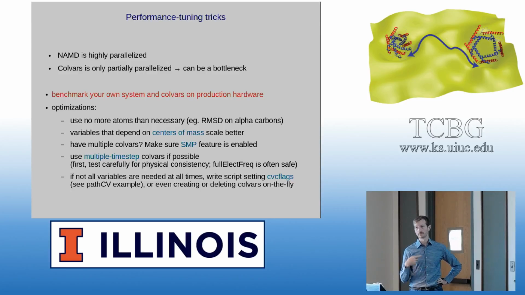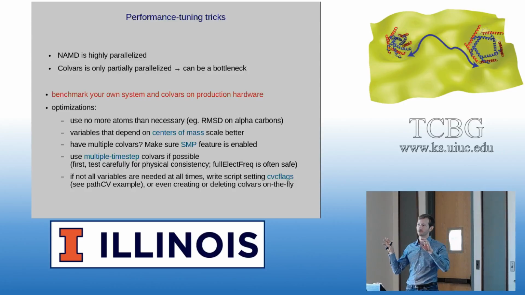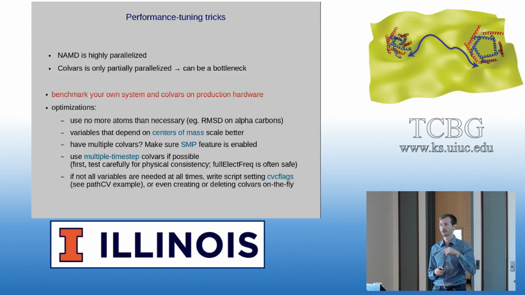The more atoms, the slower things will be. Variables that depend on centers of mass of atom groups will scale much better, because Colvars takes advantage of NAMD's internals that will already do a reduction of centers of mass locally. So if you depend on centers of mass of atom groups, there will be no need to communicate the atom coordinates, but only the partial sums of atom coordinates. So you will find much better scaling.